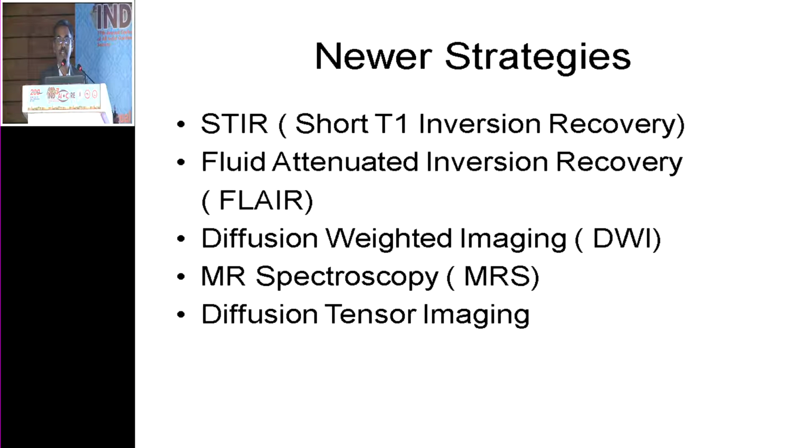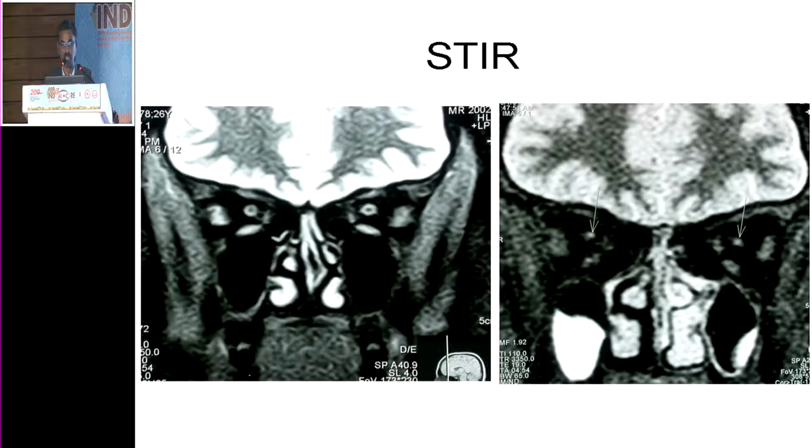We have MR spectroscopy or MRS. We have diffusion tensor imaging, which Dr. Rohit was discussing. Of course, we have functional MRI as well as others. We'll see the STIR imaging sequences. So basically, STIR is a short T1 inversion recovery sequence. So we'll see where it is indicated.